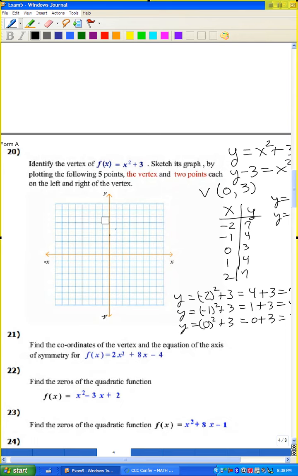Even trying to do that is hard. 4, 7. Close enough. Okay, good. So let's try to draw this.